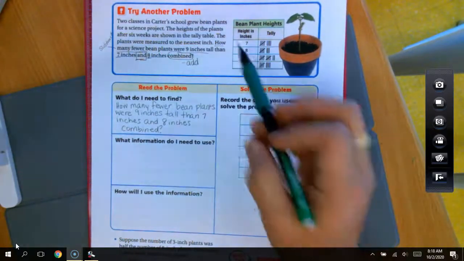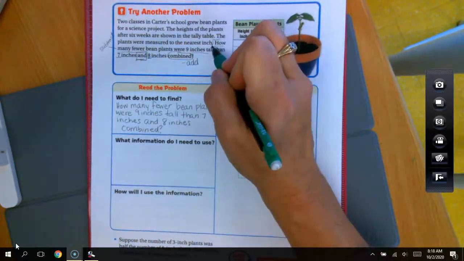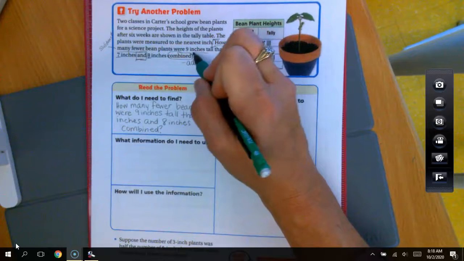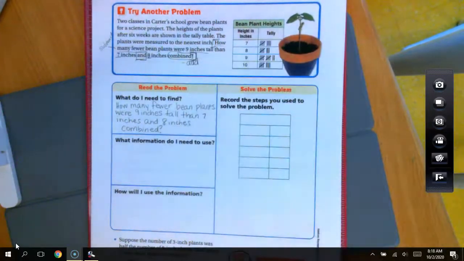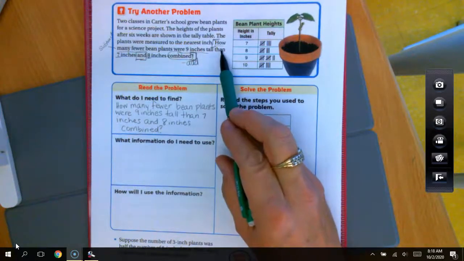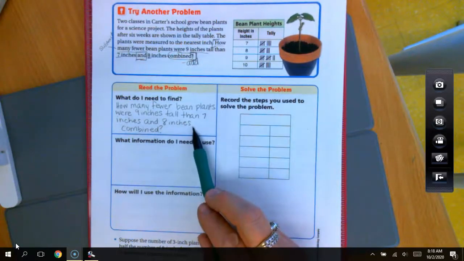So all you're doing is writing this information from the problem. This is the question we are trying to figure out. So all I did was take this information from the problem and write it right here.